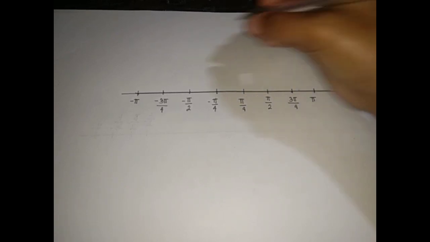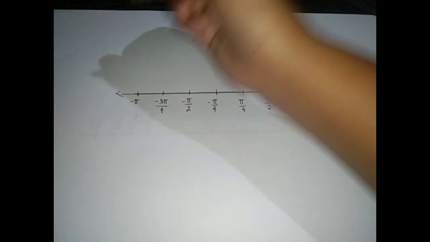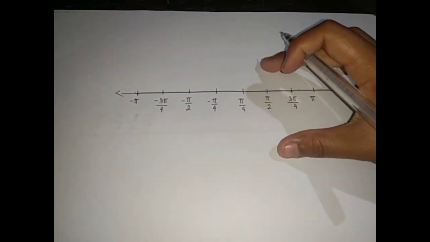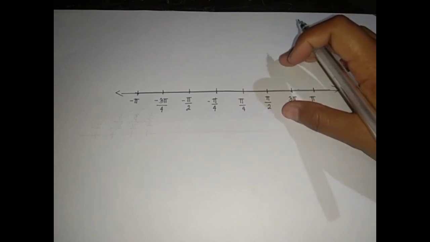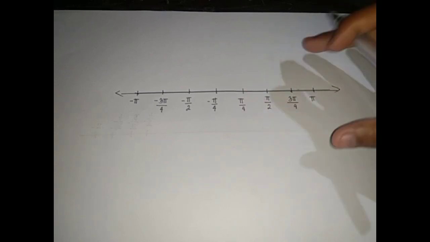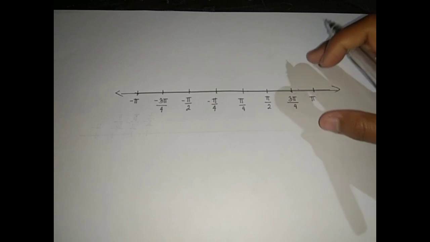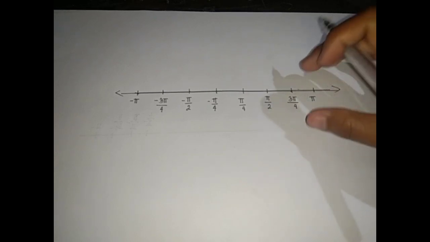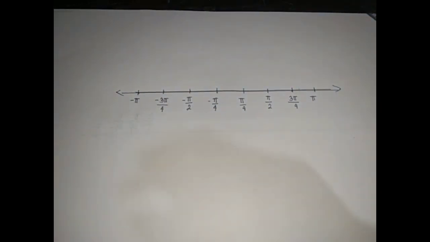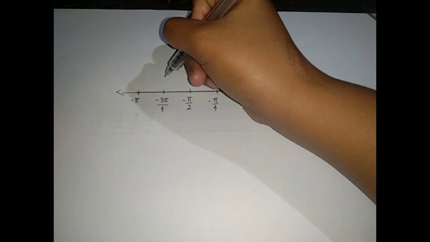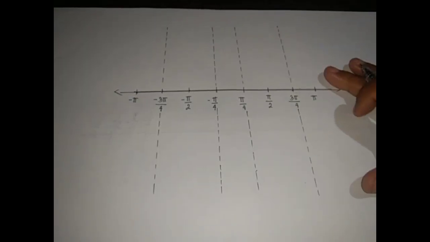That's how you know the asymptotes and the intercepts. So let me do the broken lines. Then I've already made the asymptotes.